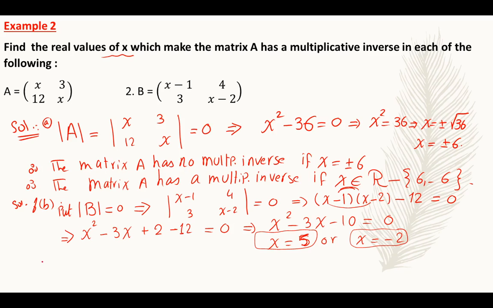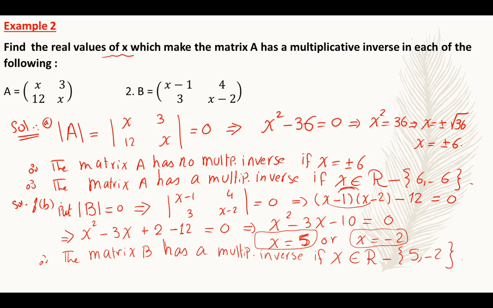So we will write, therefore, the matrix B has a multiplicative inverse if x belongs to R except 5 and negative 2.